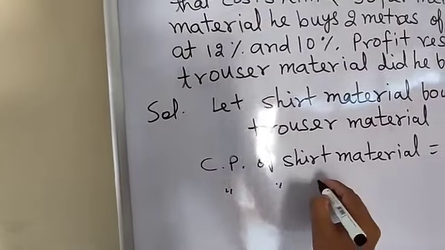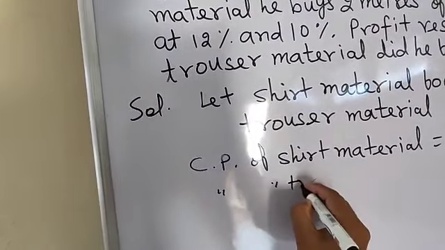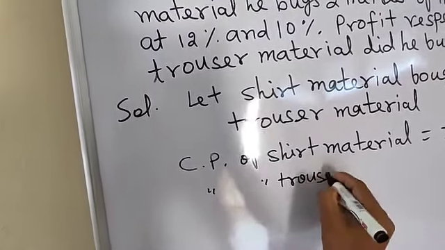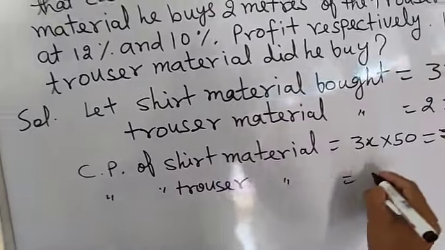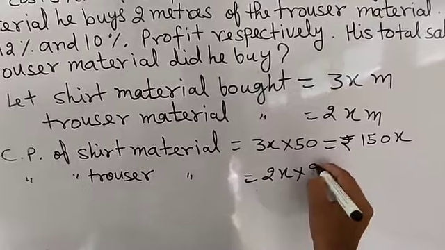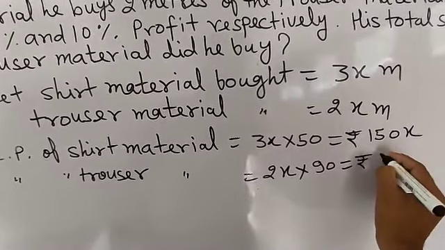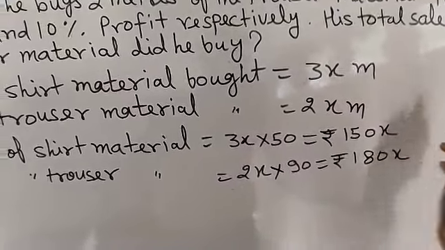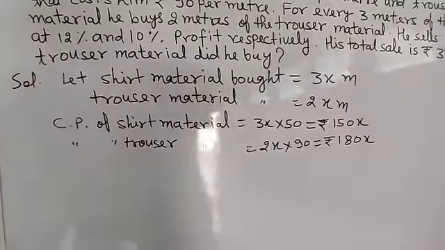And the cost price of trouser material is 2x, and the per meter cost is 90 rupees, so 2x into 90 equals rupees 180x. That is the cost price for both.